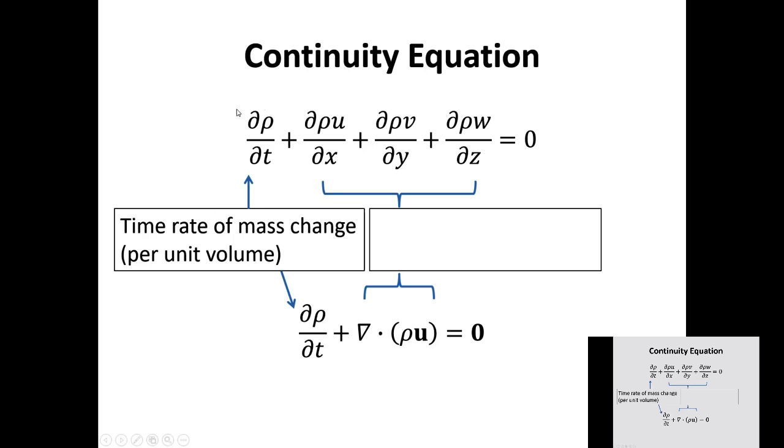So this is the change in time, and that is the net mass flow rate, the spatial change. This is in space, this is in time. So that's the same in the vector form as well.